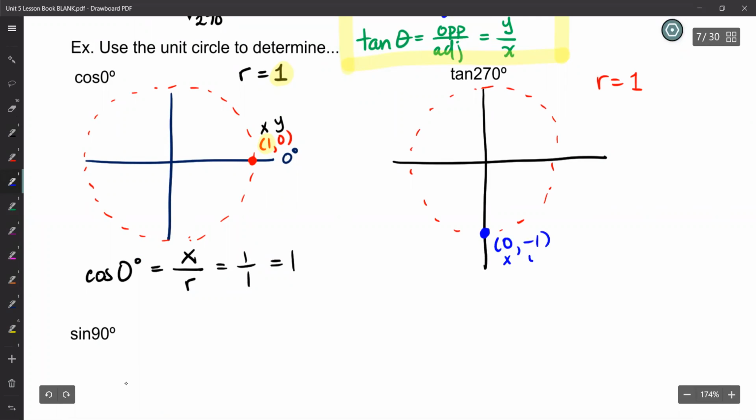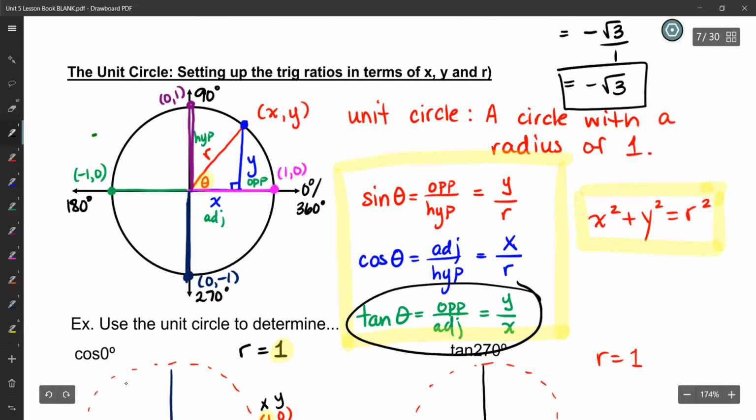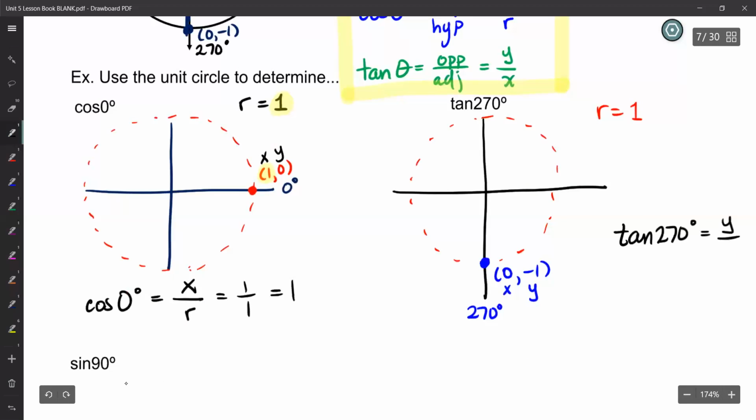That's the x and y coordinate at the 270 location. So we said tan, based on our knowledge from how we set this up here, tan was y over x. So what is y over x at this location? -1 over 0. What's anything divided by 0?